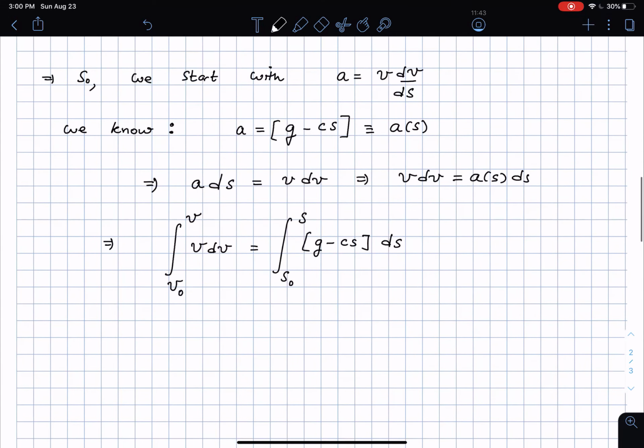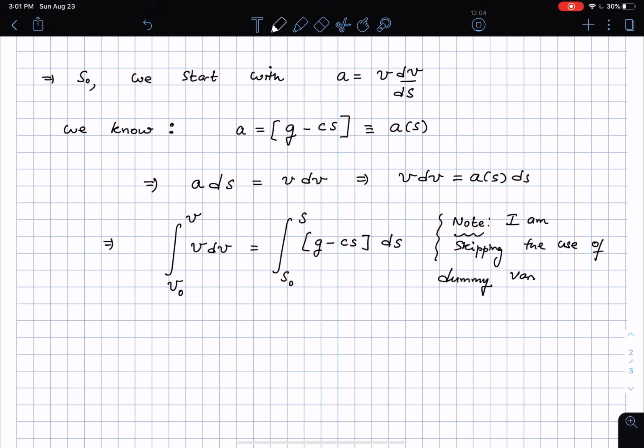So a quick note for those mathematical aficionados out there: I am skipping the use of dummy variables when integrating.